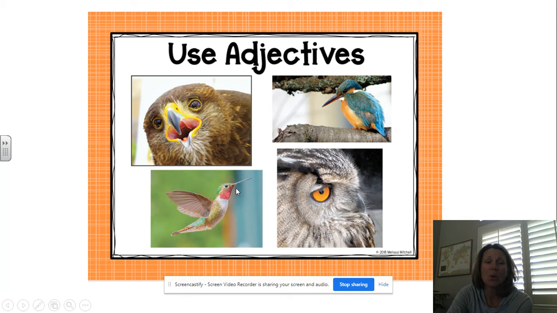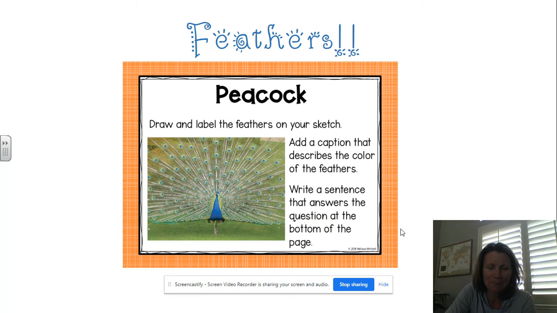We could talk about how sharp and pointy its beak is, how vibrant the red is on his chin, and the bright blue tail feathers back here. Let's go over here to the owl. The wise old owl. Those are adjectives, wise and old, to describe the owl. We could talk about his fluffy fluff, his tiny beak, or his huge orange glowing eyes. Lots of ways we could describe these birds.